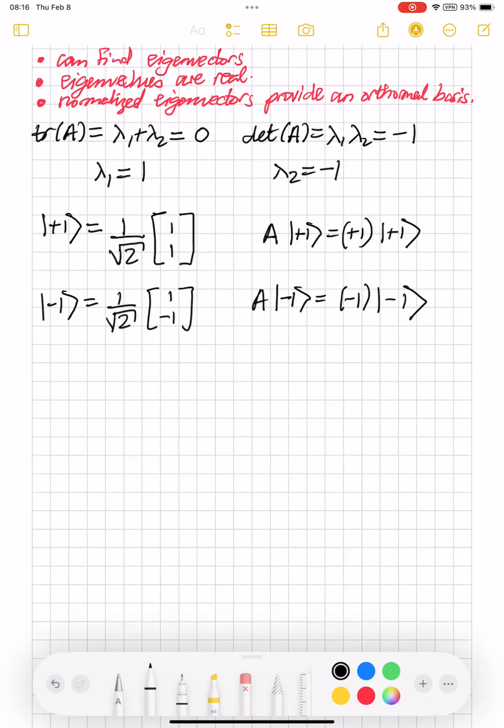Okay, so remember the schematic form of our completeness relation. It said the sum over a complete basis of ket vector, bra vector, is 1, the unit operator. And for us, the sum over the complete basis would be |+1><+1| plus |-1><-1|.